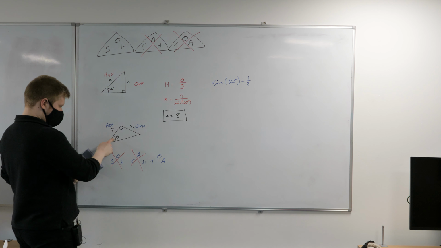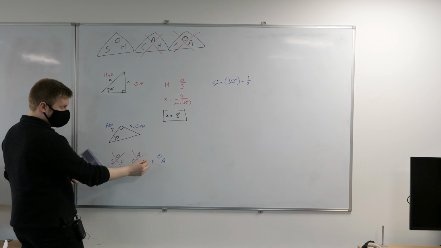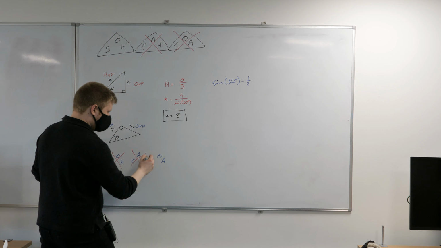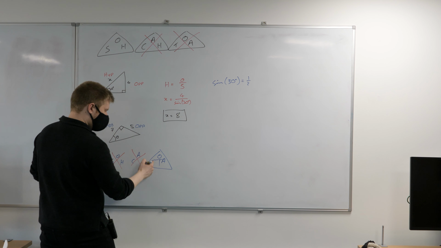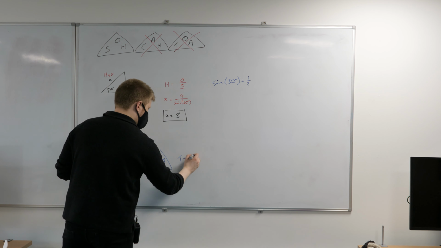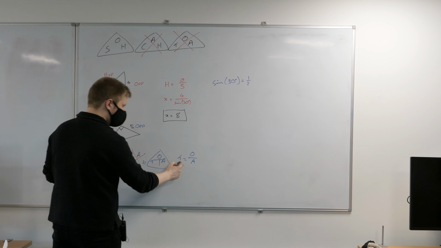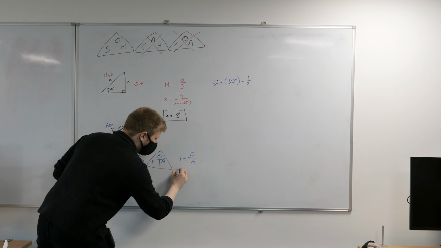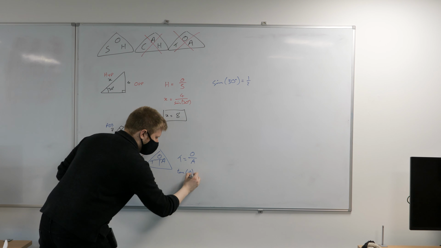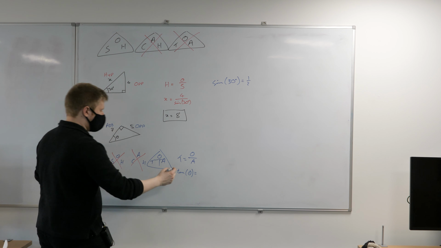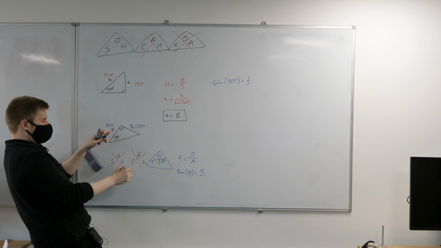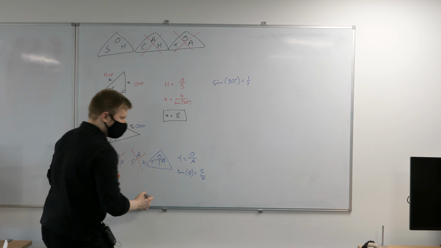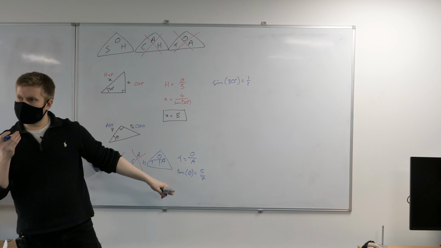I'm after the angle, and the angle is related to the t, so therefore I can say that tan is equal to O divided by A. So tan of theta will be equal to O, which in this case is 5, over the adjacent, which in this case is 7. Now how am I going to find theta here?